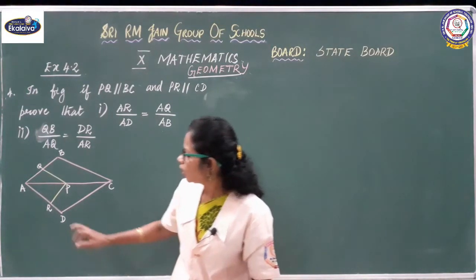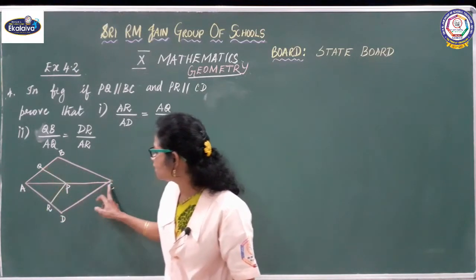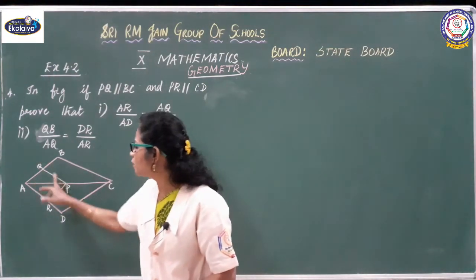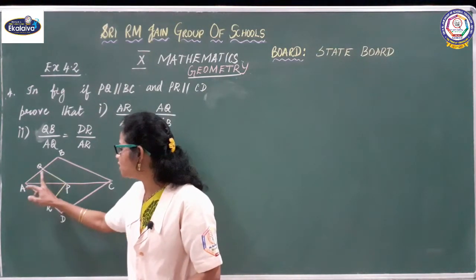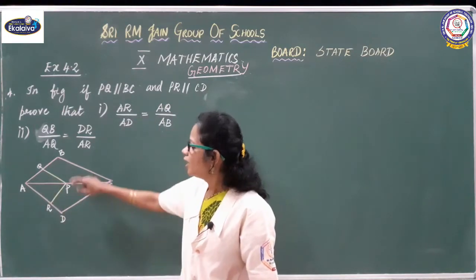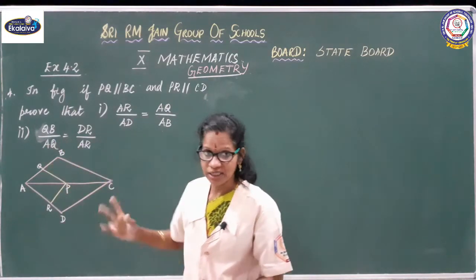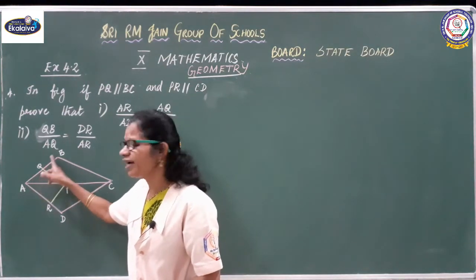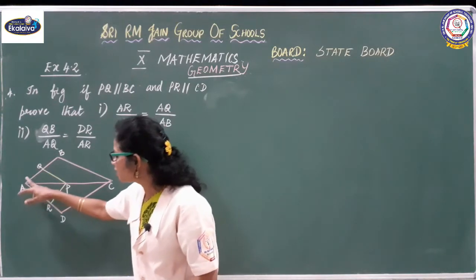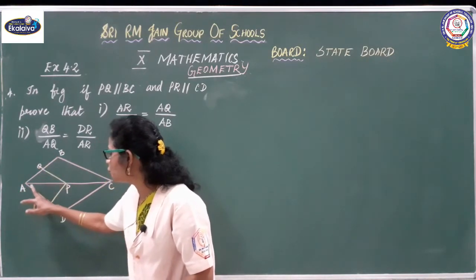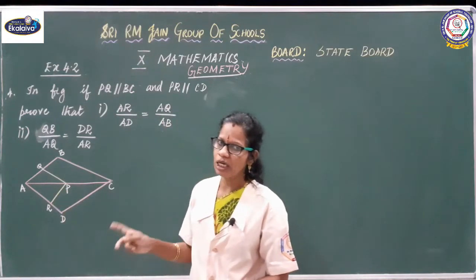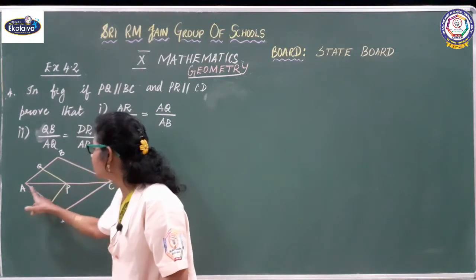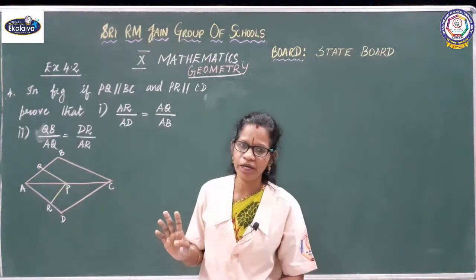That means if you take triangle ABC and a line PQ drawn parallel to the side, intersecting AB and AC at distinct points Q and P, then the sides are divided in the same ratio. You can say AQ by QB equals AP by PC, or AQ by AB equals AP by AC. Both are correct, right?